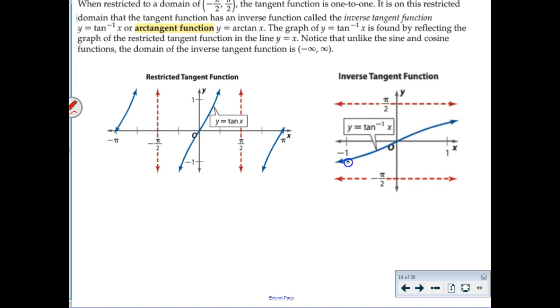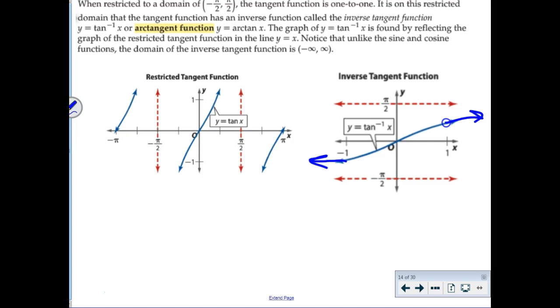The domain, okay, this is a little confusing, because if you think about tangent, the range was unrestricted, right? That means the domain for arctan is unrestricted as well. So technically this goes on forever. So that's fun.